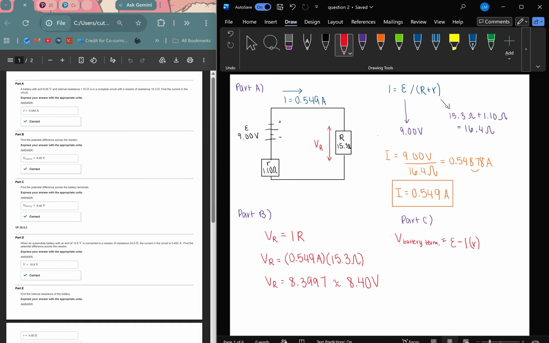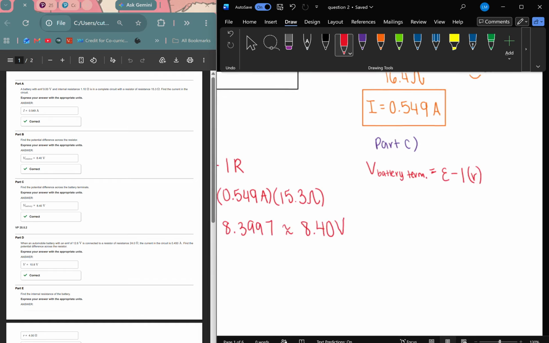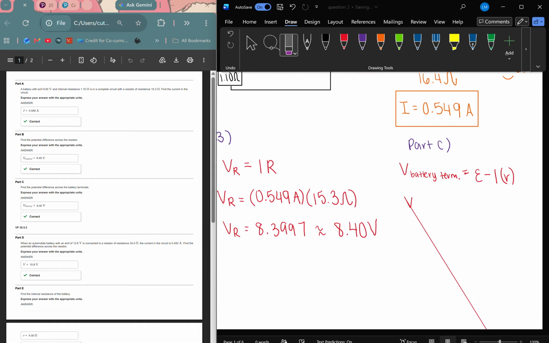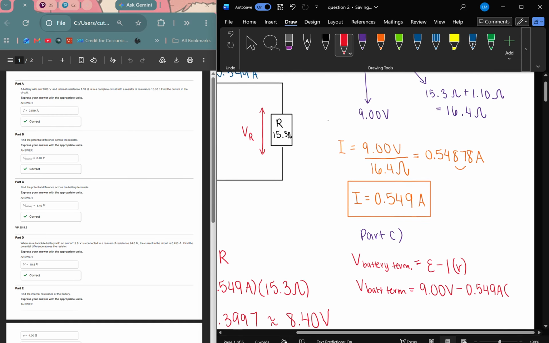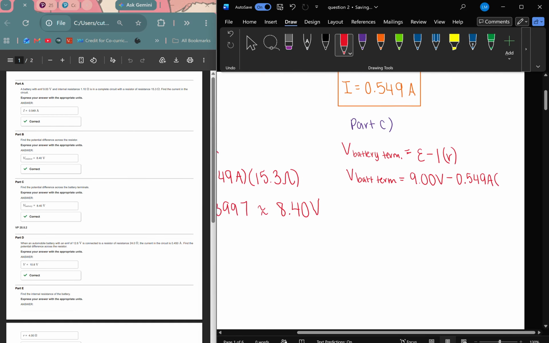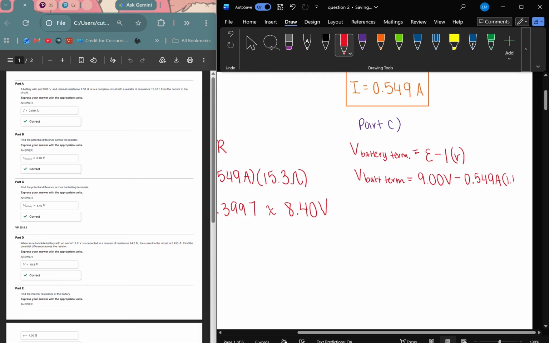So let's put that together. V battery equals, so we know that it is 9.00 volts. Subtract from that the I, which is up here, 0.549 amperes, multiplied by the internal resistance, which is 1.10 ohms.